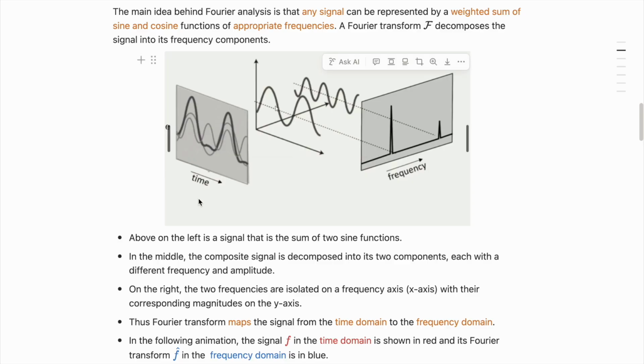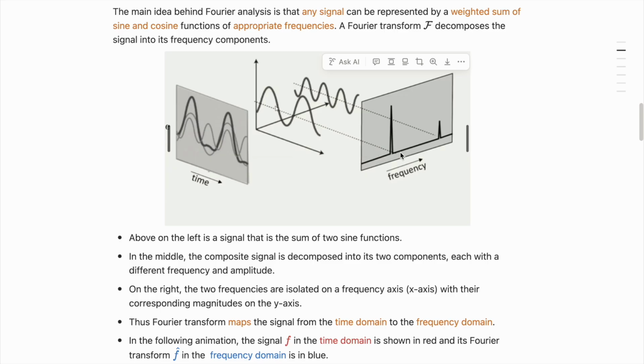So again, here we have a signal that is composed of two other signals. And with the Fourier transform, it is projected from the time domain into the frequency domain, so that now we have the two elementary sinusoidal signals that composed it.